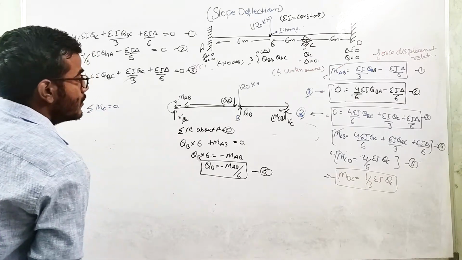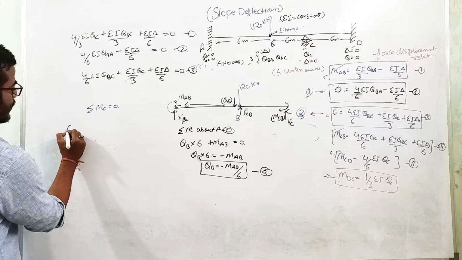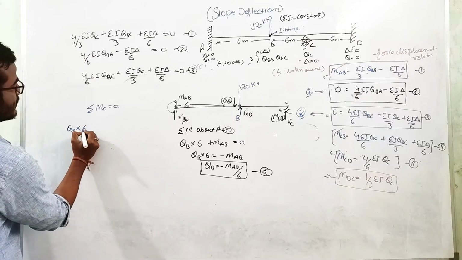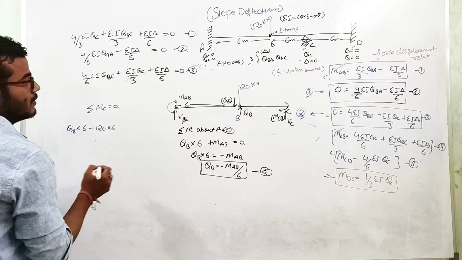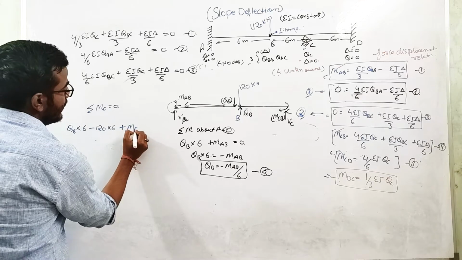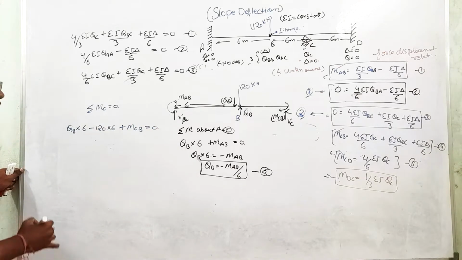So if this is the case, I can write QB into 6 minus 120 into 6, both are in opposite direction, plus MCB equals to 0. This will be our equation.